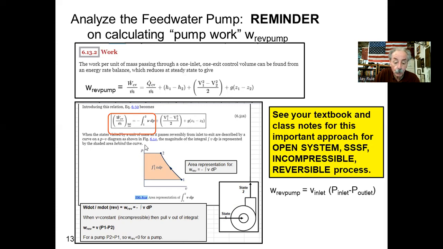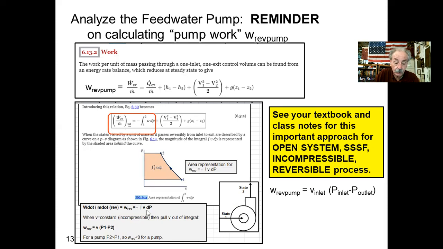It turns out that the reversible work for the pump is given by minus the integral of VdP for an open system, steady state, steady flow, no changes in kinetic or potential energy. We don't have any of those.